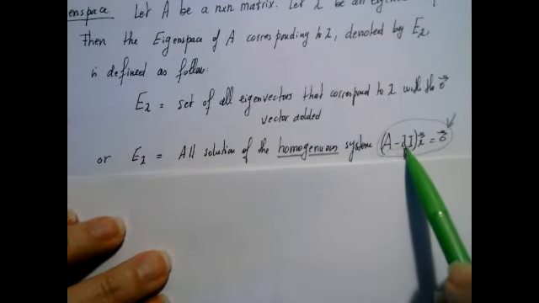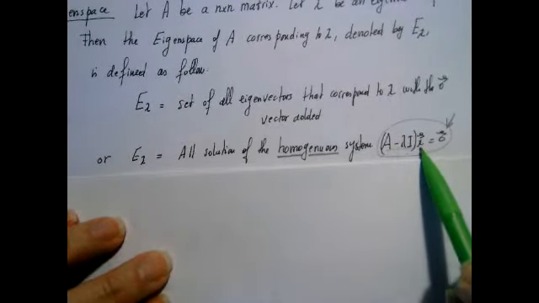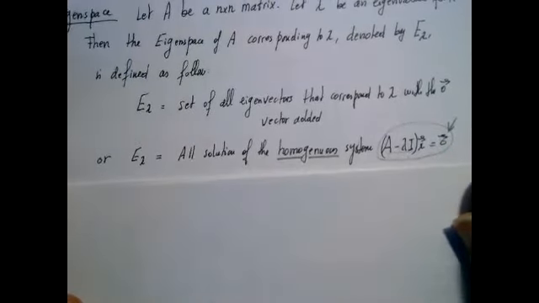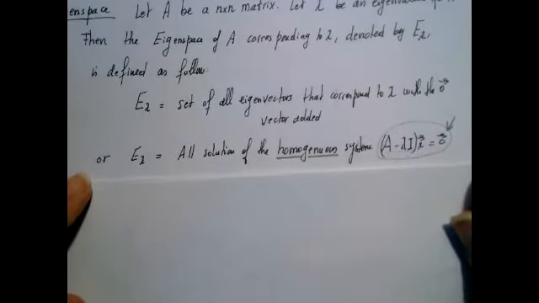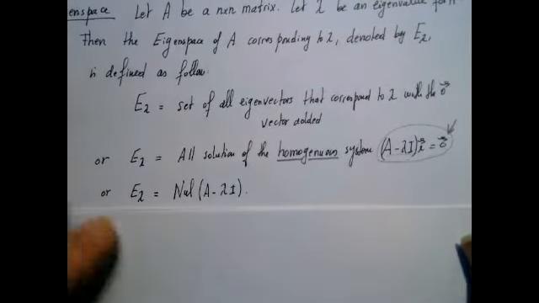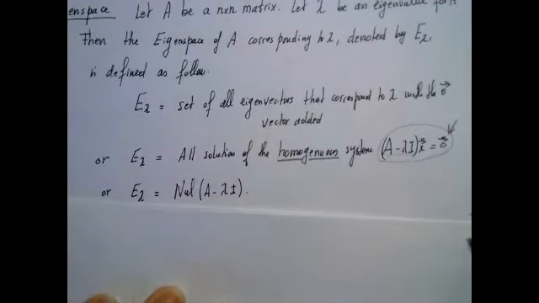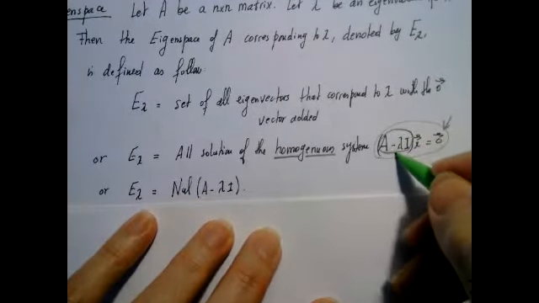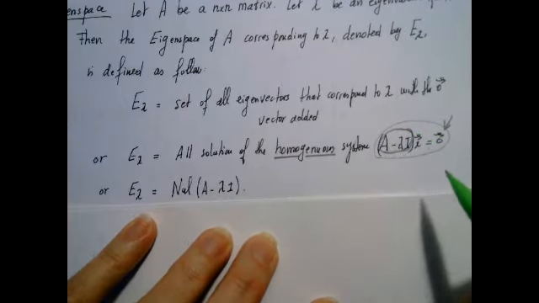Now, the solution of the homogeneous system, we gave it a name before. What we actually call it is the null space. So the eigenspace is actually the null space. The null space of which matrix? It is the null space of the matrix A minus lambda I, because A minus lambda I is the system I am solving.